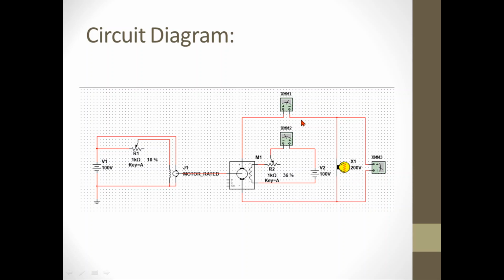And then we measure the voltage across the terminals of the DC generator using a voltmeter, and we also measure the output current delivered by the generator to the load.